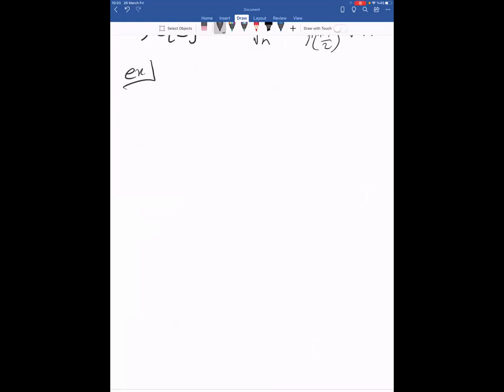We assume that mu is known. So we have a random sample, and each X is distributed as normal with mean mu and variance sigma squared. This part, mu, is known. We want to find a confidence interval for sigma squared.